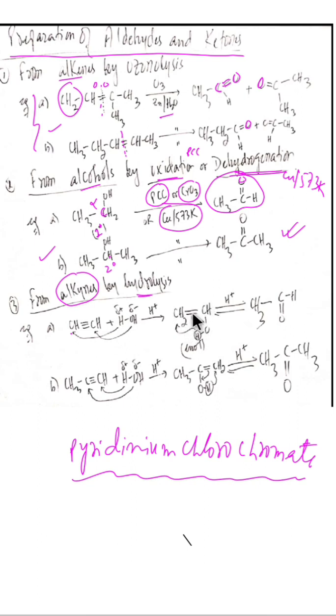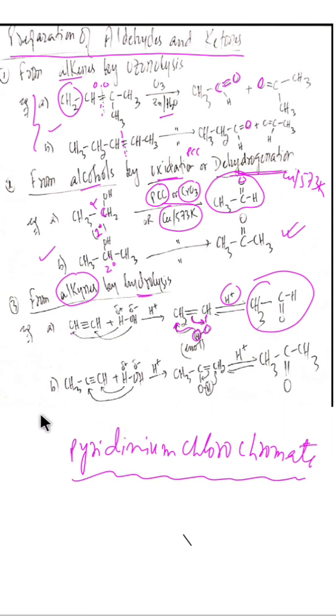This is CH2=CH-OH. In presence of that particular acid, tautomerization takes place. This hydrogen of OH will go to this carbon atom and the pi bond will shift from here to here. So we will get this aldehyde as the product, ethanal from ethyne.